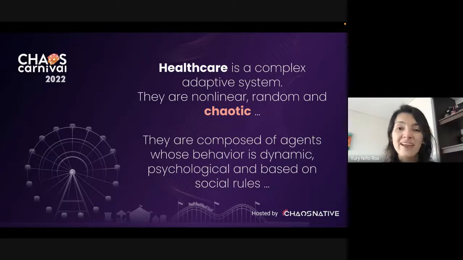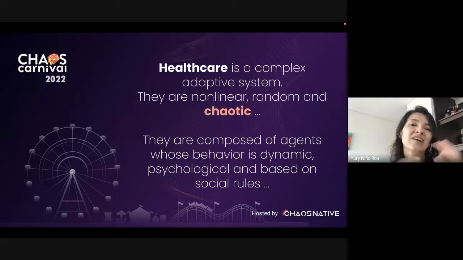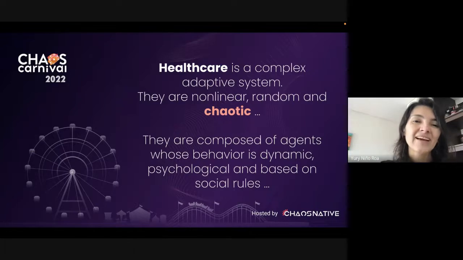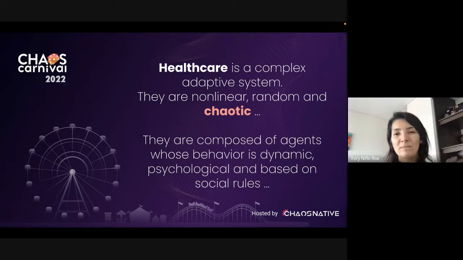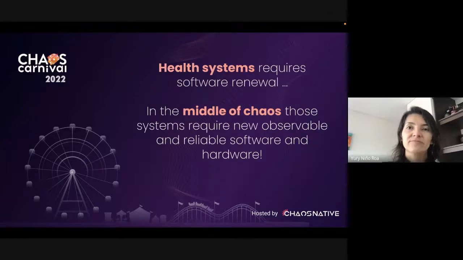Without health, you don't have anything. Because if you feel bad, if you feel ill, you cannot work, you cannot perform your daily activities. So it's really important, as engineers, to provide the proper strategies, using our knowledge about past situations, in order to build great and reliable systems for this industry.